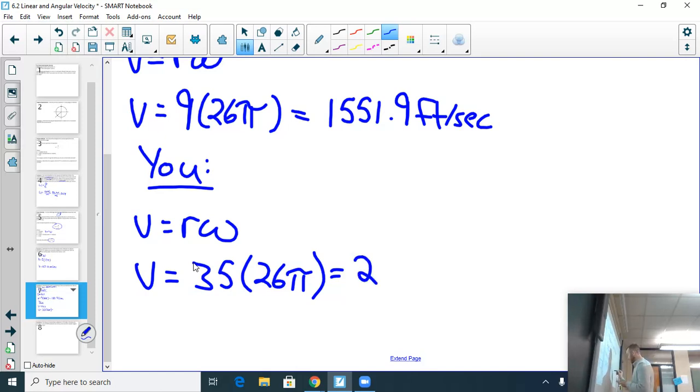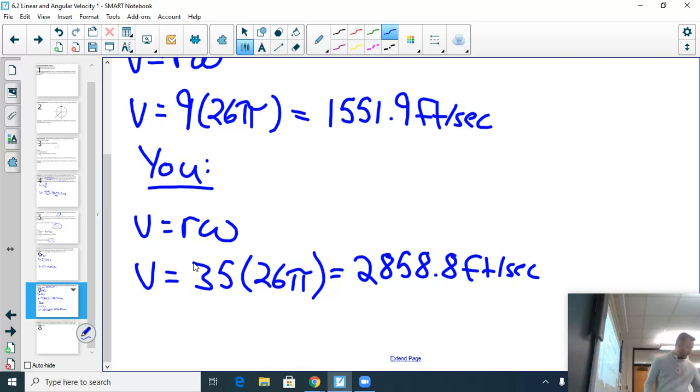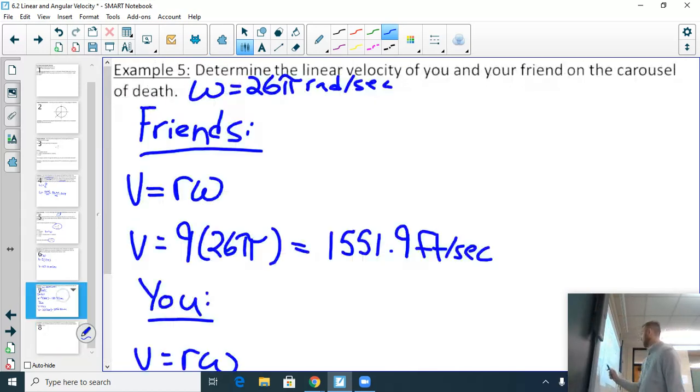So it should be 2,858.8 feet per second, right? Yep. So insanely fast, which is why you don't want to be on that carousel of death, right?